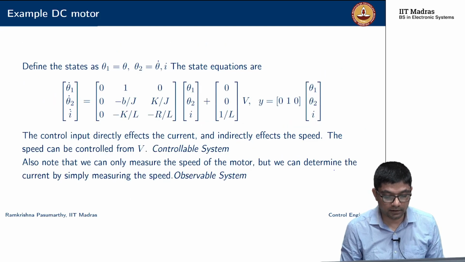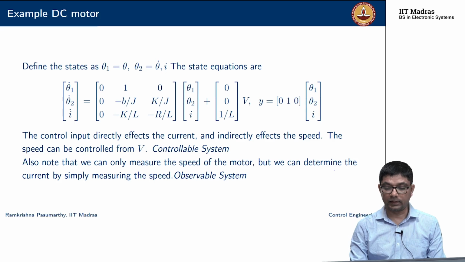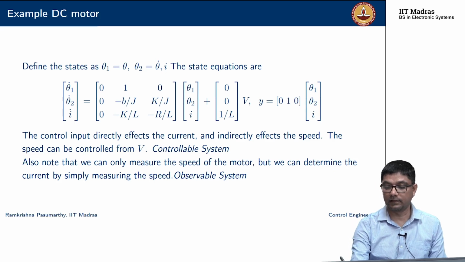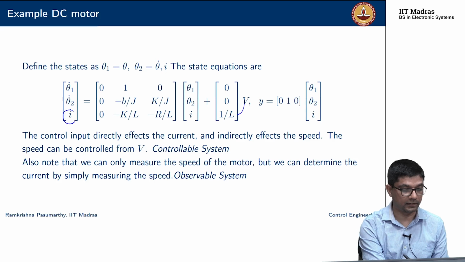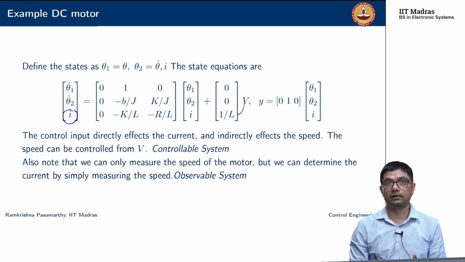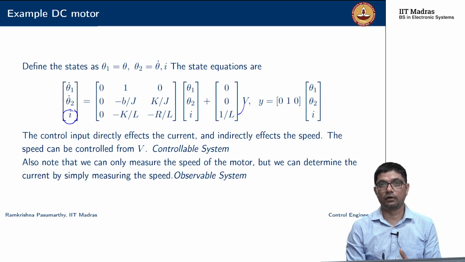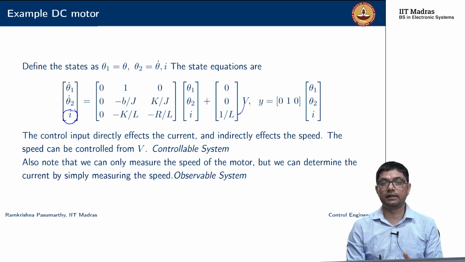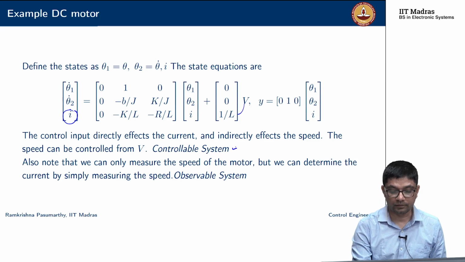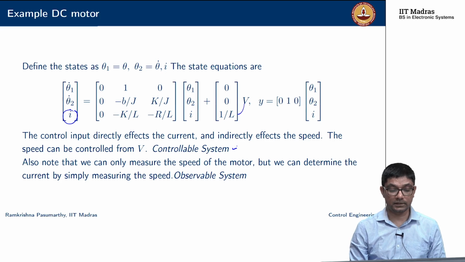So what we saw here is that the control input, the voltage, first affects the current, and this current in turn affects the speed of the motor. Okay, the speed can be directly controlled from V. So this is what we called a controllable system.